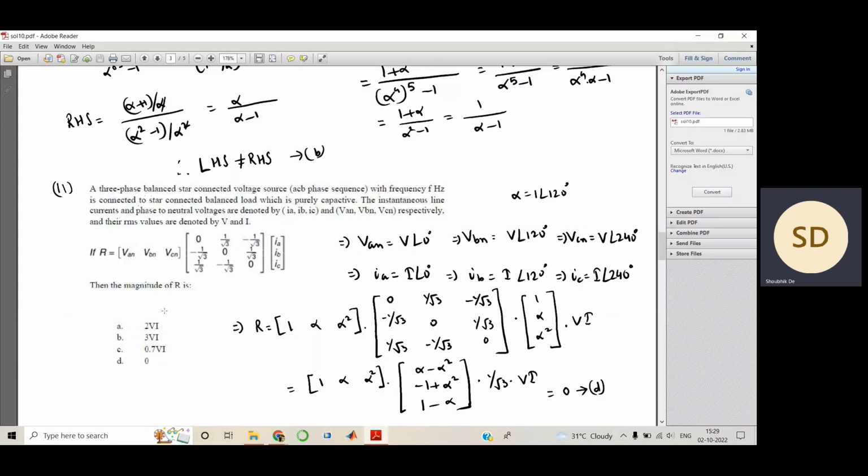We are told to find out what is the magnitude of R, right? So first of all, these are balanced components. Since these are balanced components, if we consider phase A to be the reference for both voltage and current, this would be at an angle of 0.